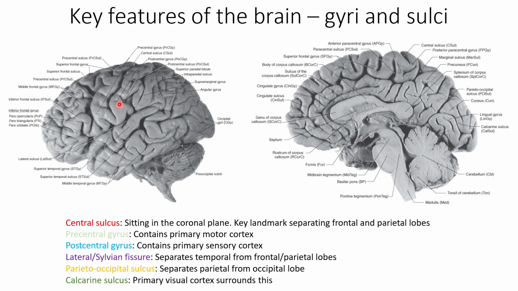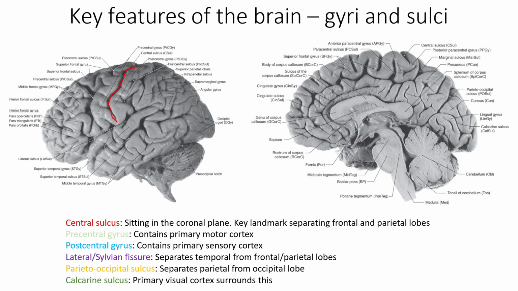And the key sulcus that you need to appreciate is the central sulcus. The central sulcus, which we are going to colour in red. And the central sulcus is here. Here is the central sulcus.